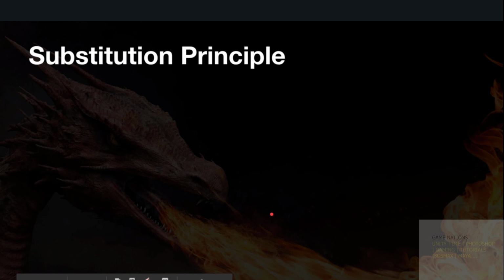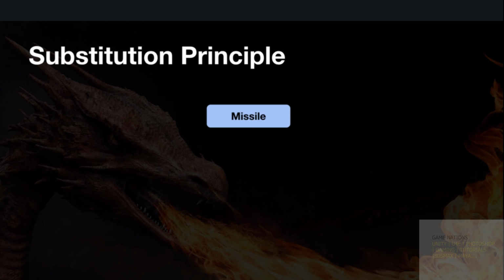So let's just take a second, because I think we just hit on a very interesting topic here, which is core to a lot of object-oriented design and object-oriented programming in general, and it's called the substitution principle. The idea is that when you inherit from something in object-oriented programming, you have to behave exactly like that thing.